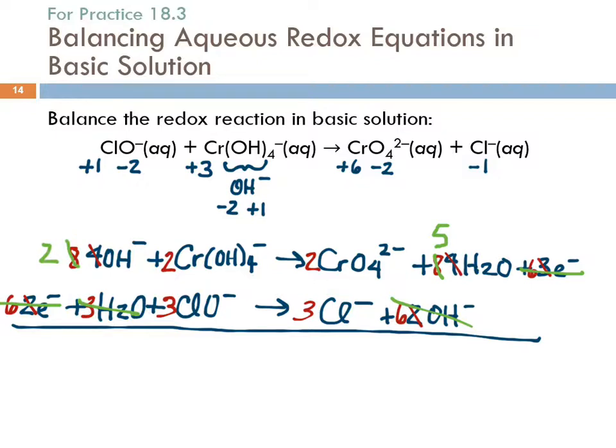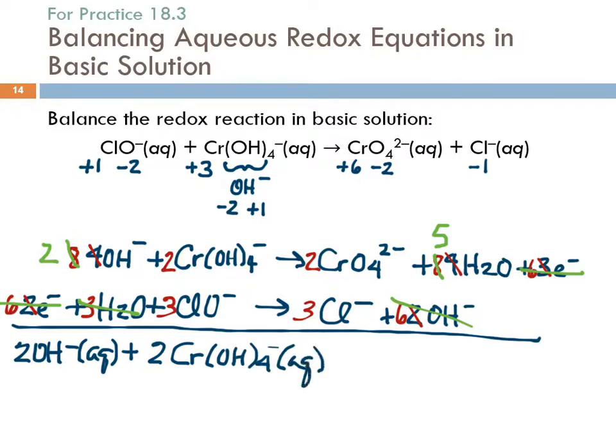You could also do that when you actually write the whole thing down, but you just don't have that much space. So 2 OH minus aqueous, plus 2 CrOH4 minus aqueous, plus 3 ClO minus aqueous becomes, all one.